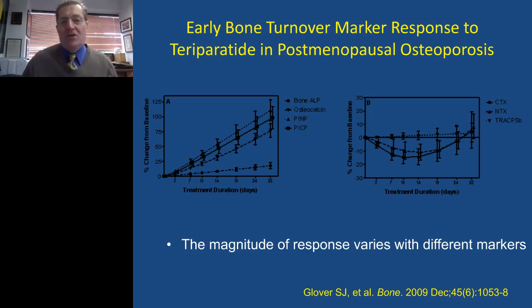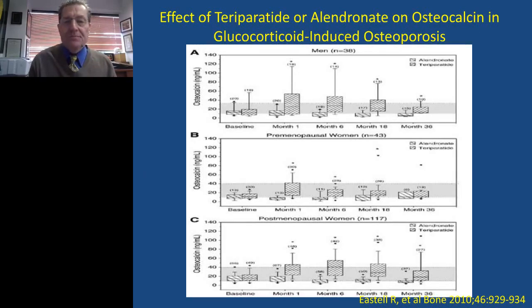What this slide shows fundamentally is that the increase in the P1NP and the osteocalcin are very similar as osteoblast activity marker responses to teriparatide, better than the bone alkaline phosphatase or P1CP. And that's the point of that slide by Sarah.